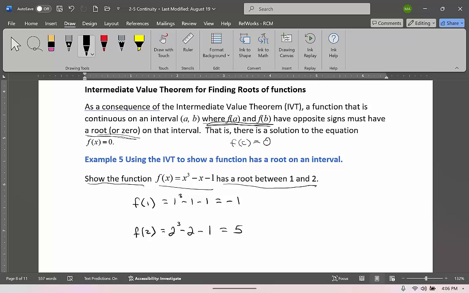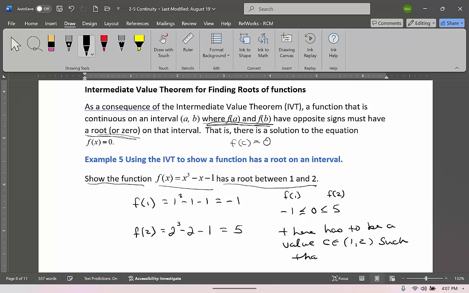Okay? And so since 0 is between negative 1 and 5, which is f of 1 and f of 2, that means there has to be a value c in the interval from 1 to 2 such that f of c is equal to 0.